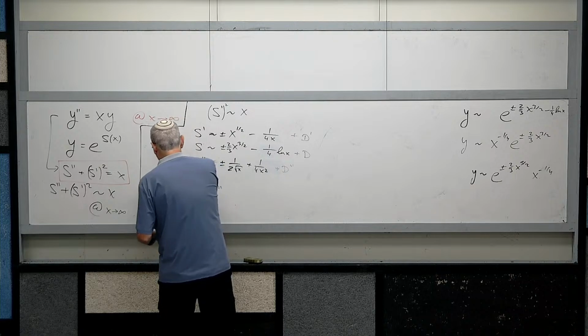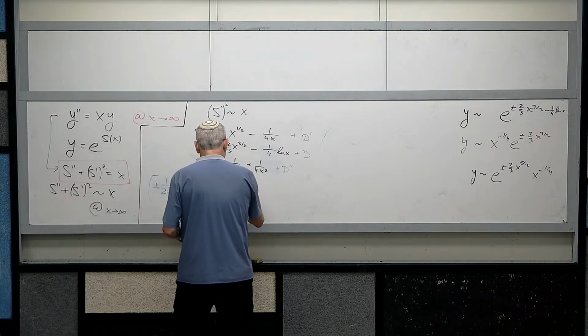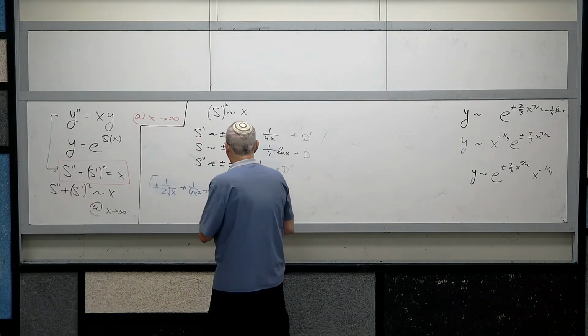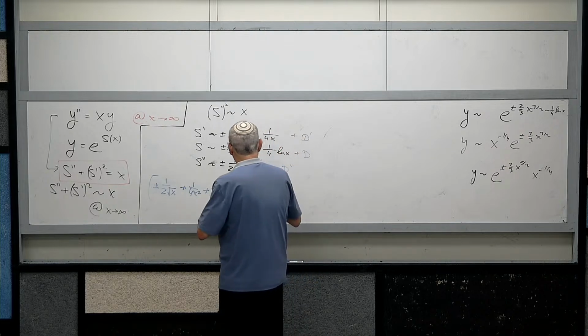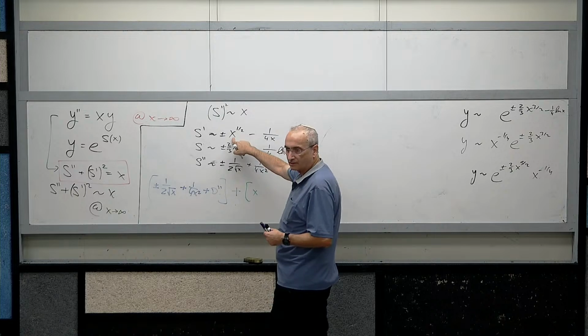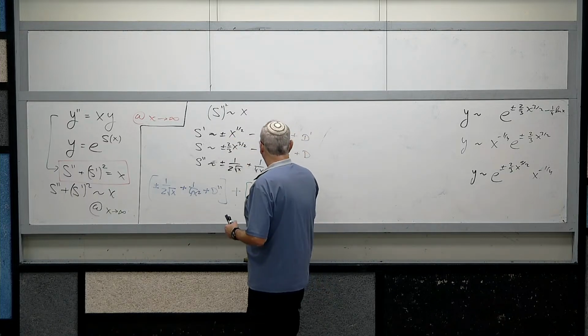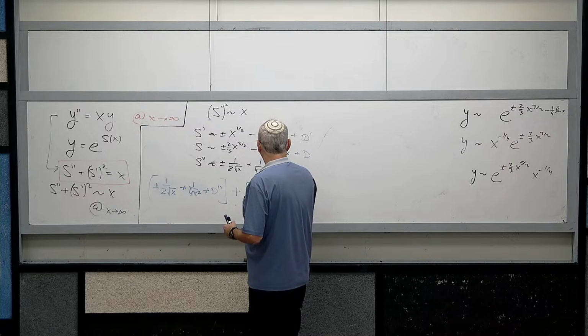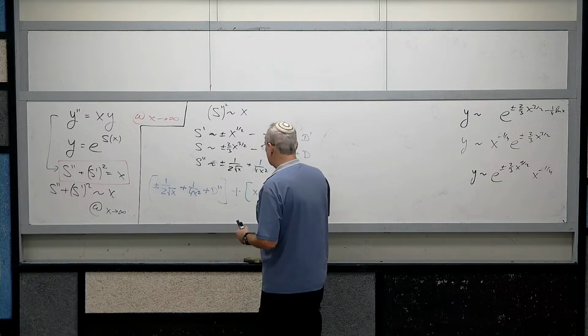Now I have to add to this s prime squared. What is s prime squared? s prime squared is x, which is this squared, plus minus 1/2 square root of x. I'm correct?